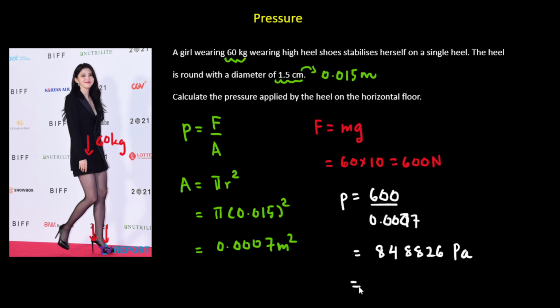In other words, we can say 848 kilopascals. This is because this is a single heel. Sometimes the exam would tell you she's wearing heels, so in those times your area has to be twice, because a shoe has two sides.